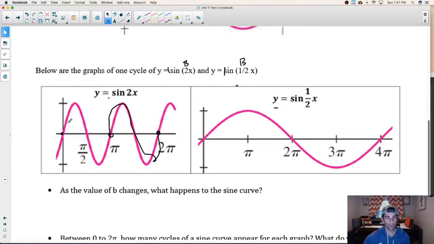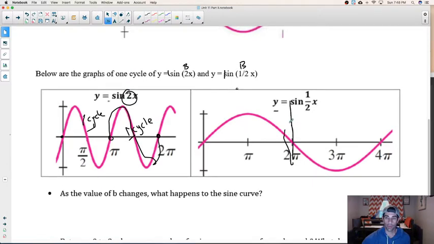What happened here is what we would call one cycle, because the sine curve goes up, down, and back to where it began. So that's one cycle there, and then it goes up, down, back to there, and that's another cycle there. So we completed 2 cycles from 0 to 2 pi.